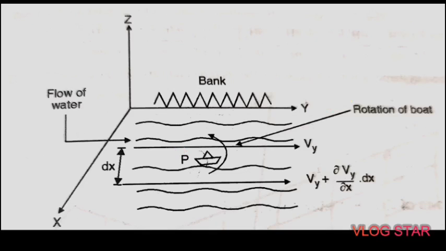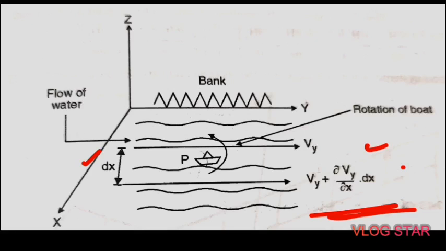Now at a distance dx from point P, the velocity is Vy plus del Vy upon del x times dx, because velocity is changing with respect to x.